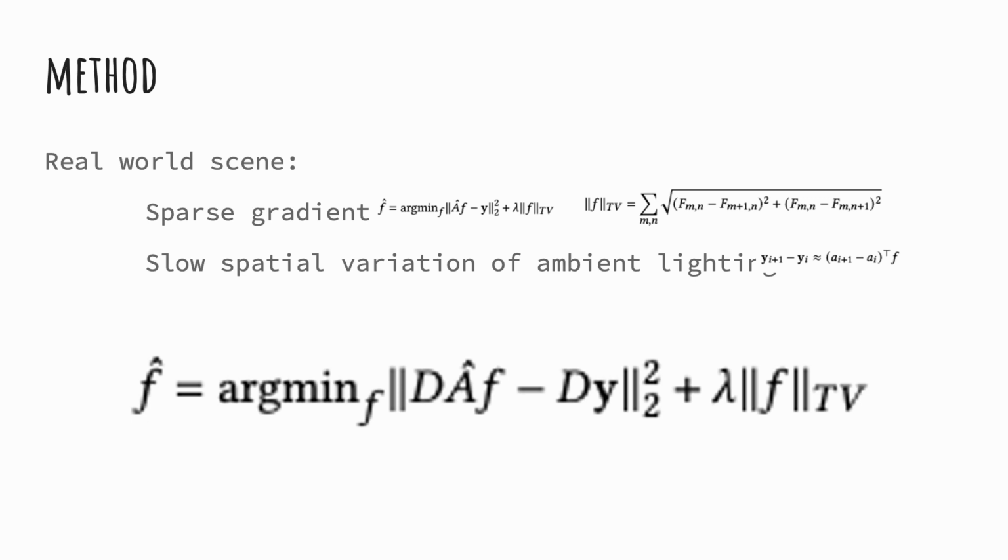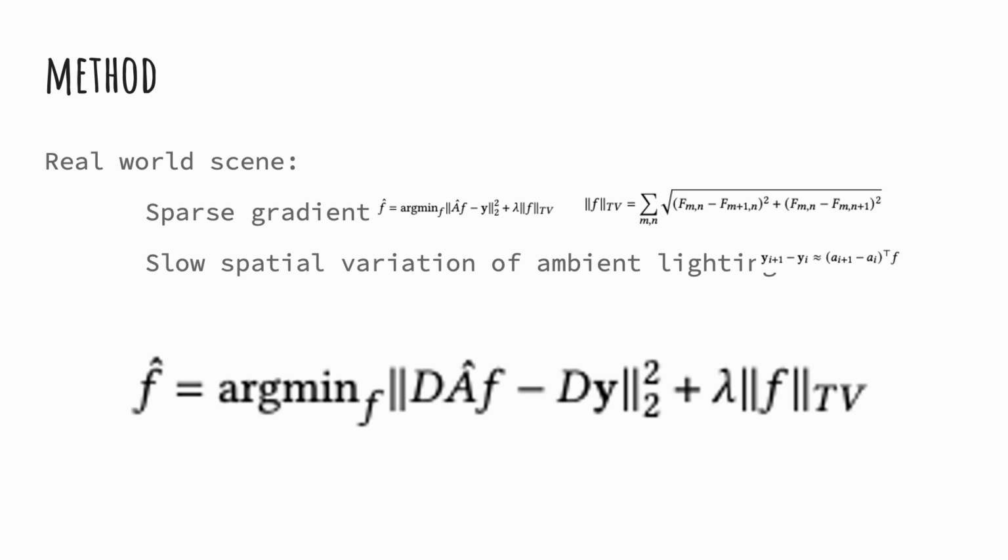And the second insight is that real-world scenes have slow spatial variations of ambient light. And so if we take the difference of two adjacent pixels, then that would help us cancel out the background term that's just hanging out there.